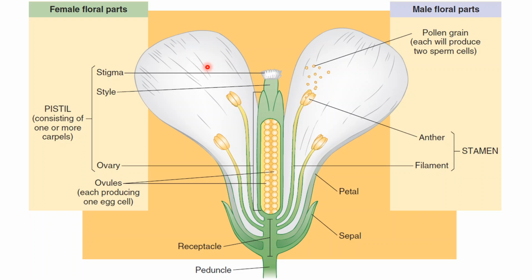Sepals, which constitute the outermost and lowest whorl of the floral shoot, are leaf-like, so they are green, and they have a leaf-like shape and form, and they protect the flower. So sepals cover the flower when the flower is a bud.